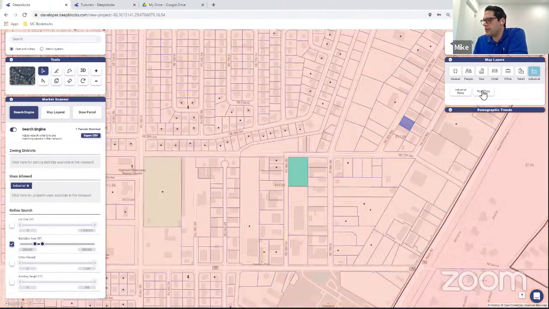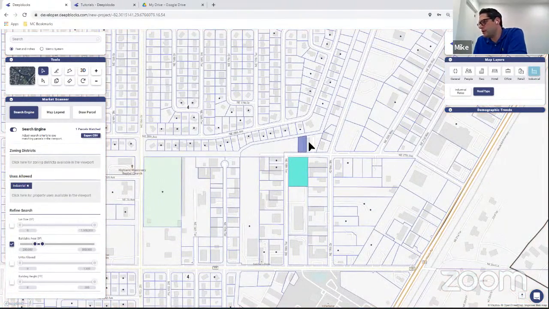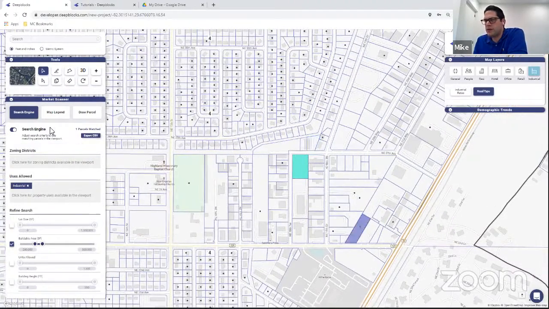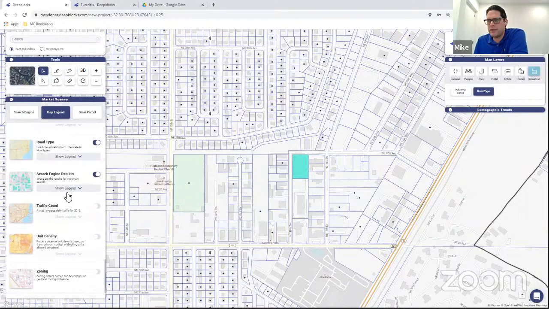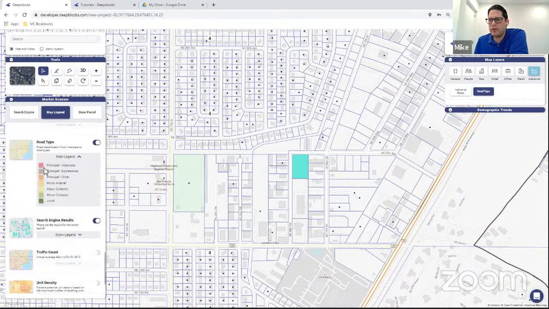We could also look at the road types passing through this particular parcel. Always keep in mind, anything that we show in the map layers, you can go to the map legend here underneath the market scanner to understand where that data is stored, how it's sourced, and how it's represented. So, for instance, for the road types, we scroll down to the bottom in alphabetical order, and we can see that this is a principal road right there.